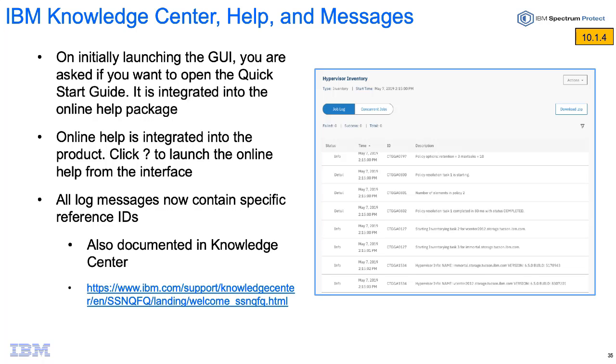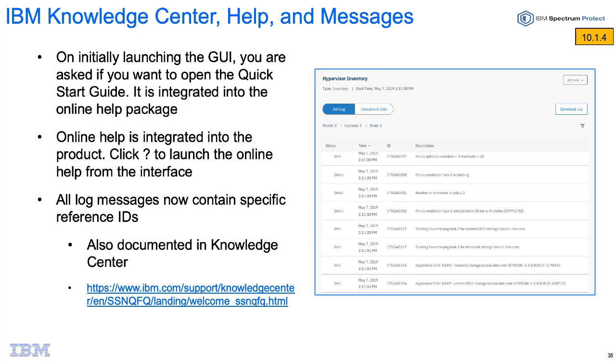So what we've done is we've introduced a quick start guide that's integrated into the online help. So now when you first start the product, that will pop up and it will help you get a quick start in terms of learning how to use the product. We of course have online help integrated into the product, and you can just click the question mark to launch the online help from the interface.